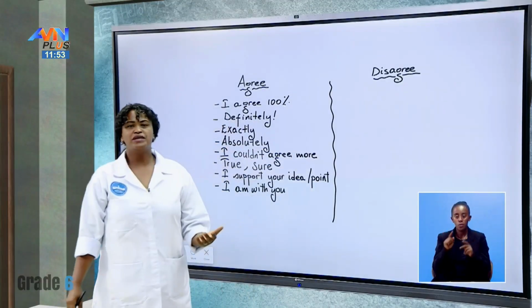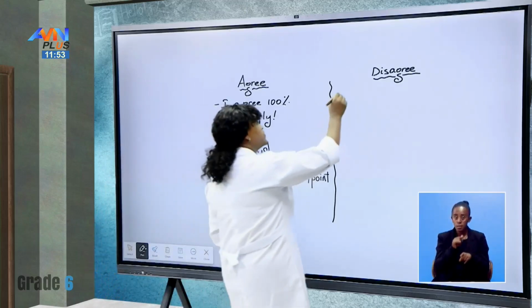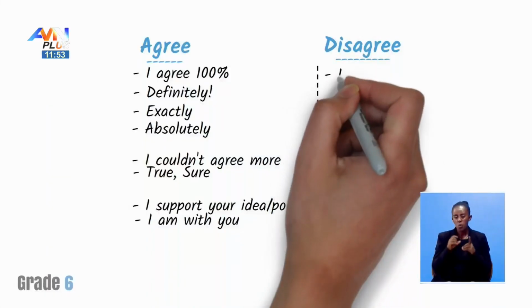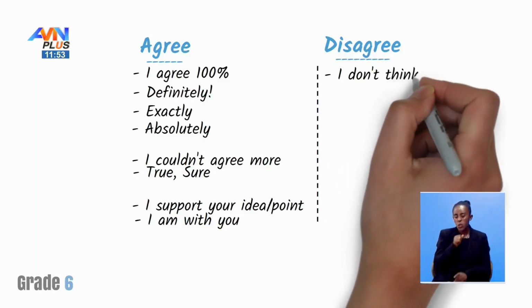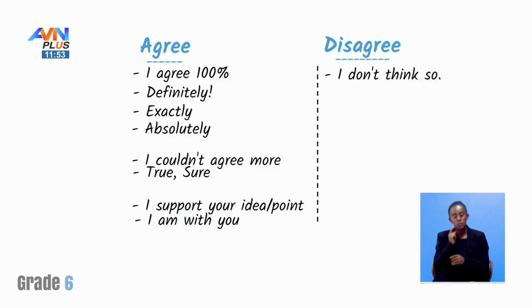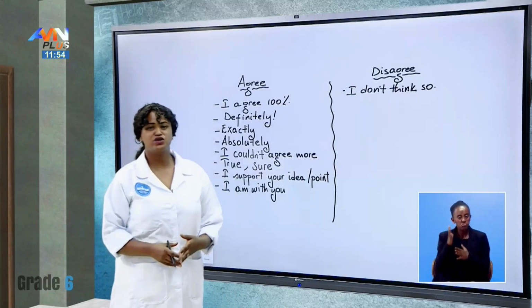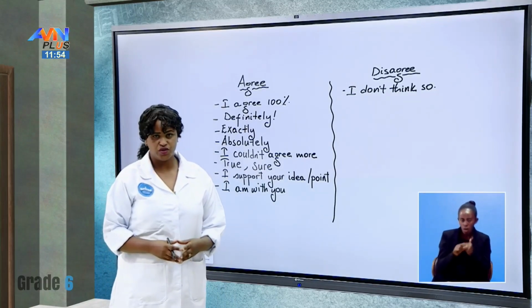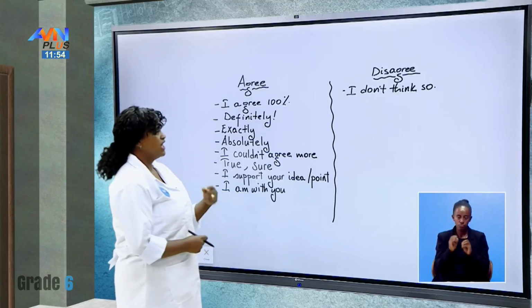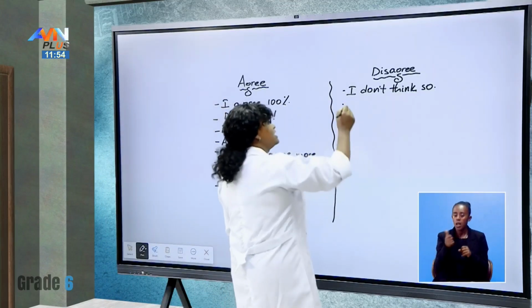One of the common phrases on expressing disagreement is, I don't think so. I don't think so. You say what? I don't think so, because when you disagree, be careful not to be harsh or rude, okay?